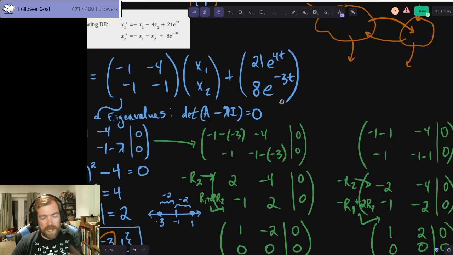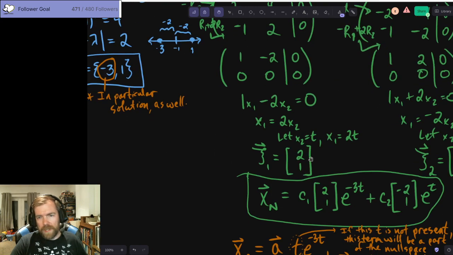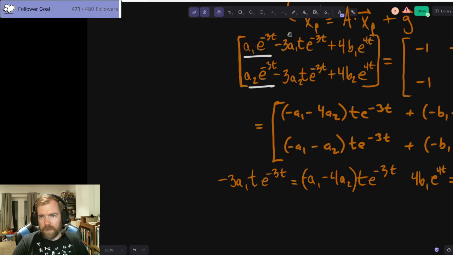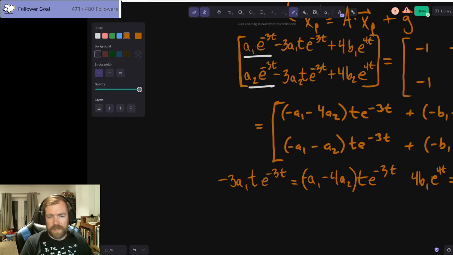So naturally, our forcing function can have a 0 in the first row for that one. That does simplify things pretty nicely. a1 e to the negative 3t is going to have to be equal to 0, and therefore a1 has to be equal to 0.